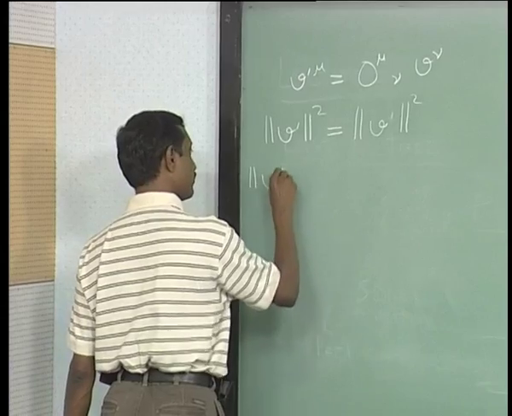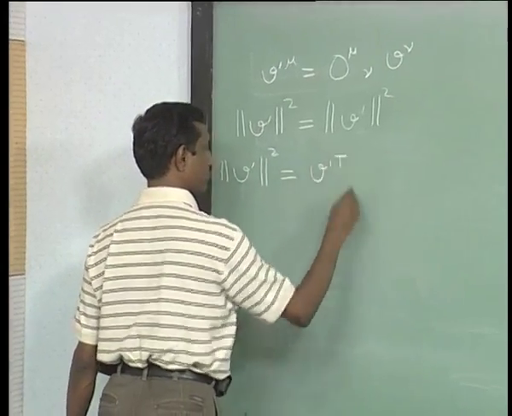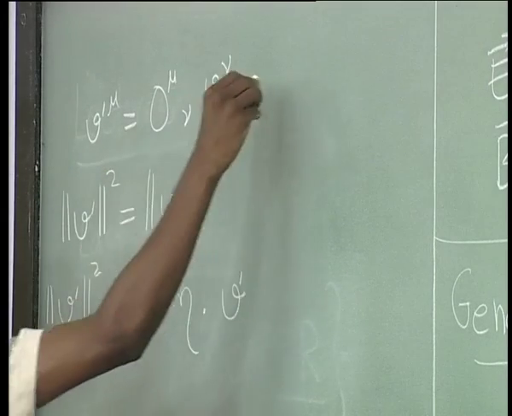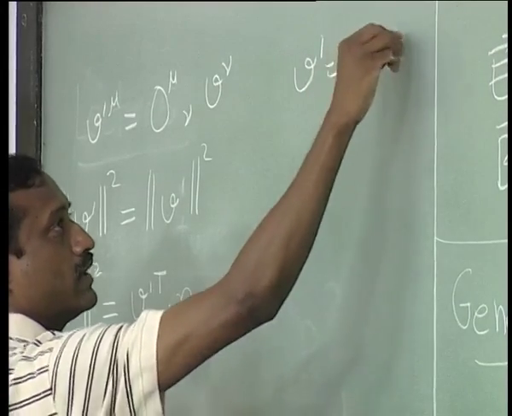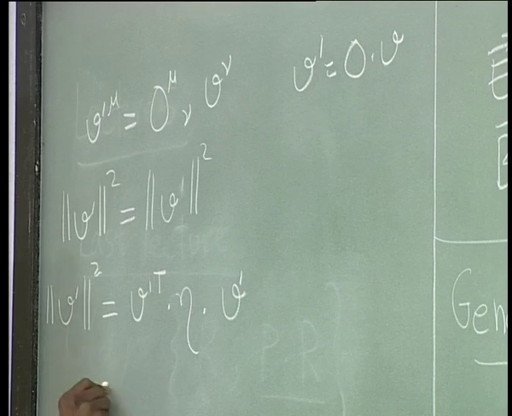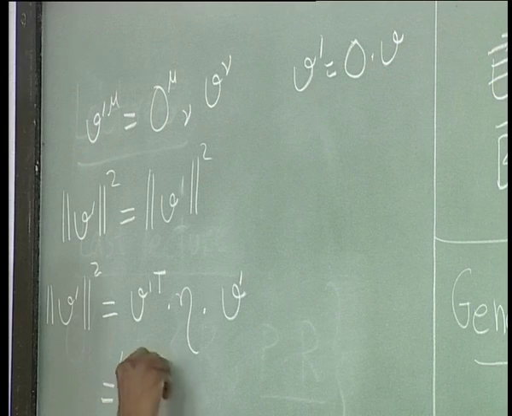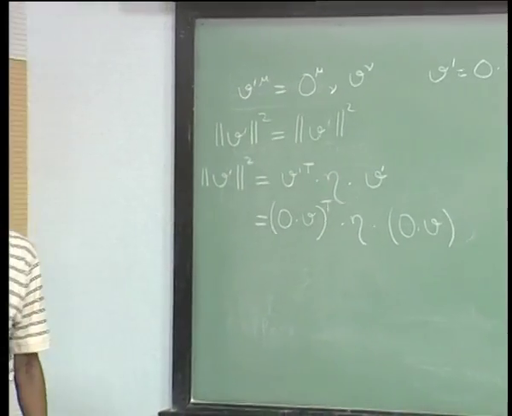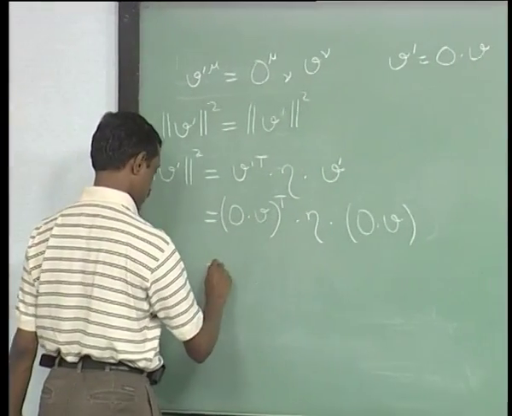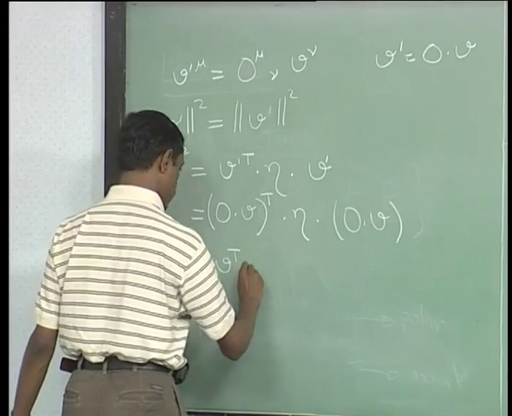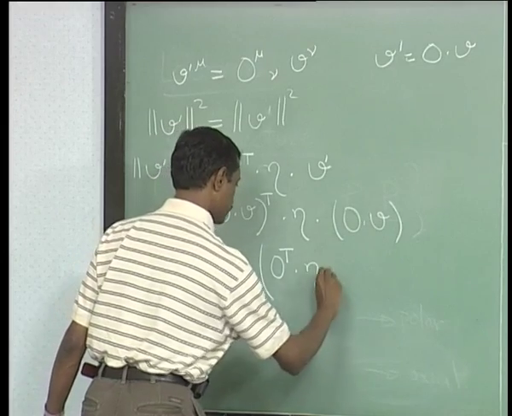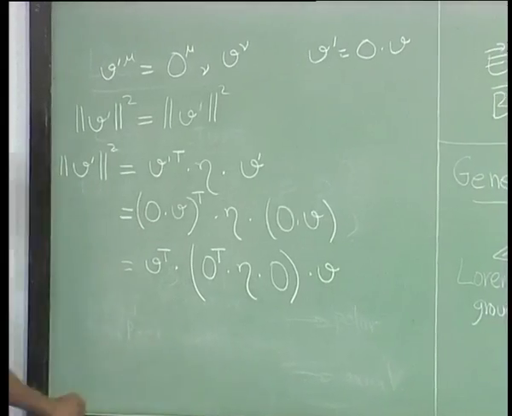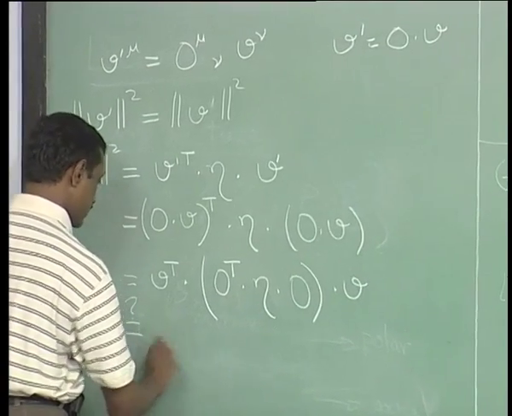Again, let me write it by hiding the indices: V prime equal to O dot V. So this would be equal to O dot V transpose dot eta dot O dot V. Now under transpose these things exchange, so this is equal to V transpose times O transpose, and the question is, is this equal to V square? So let us put this question mark.